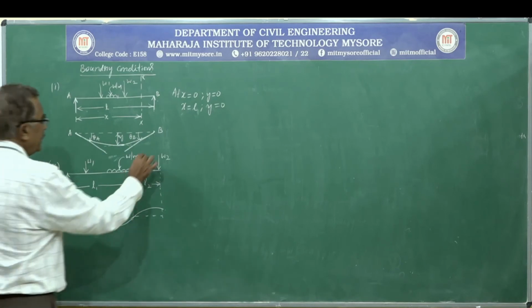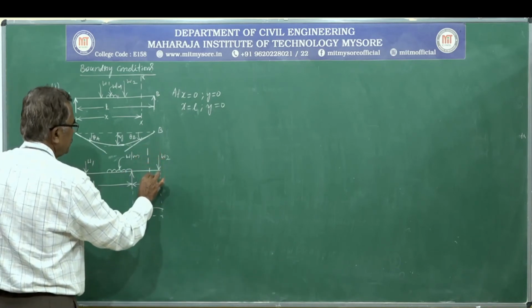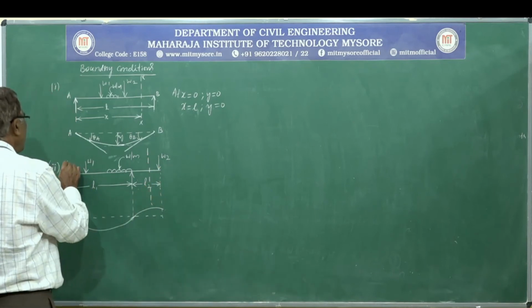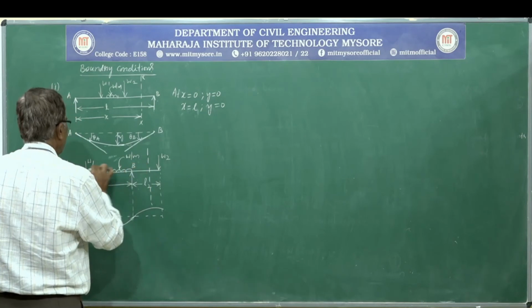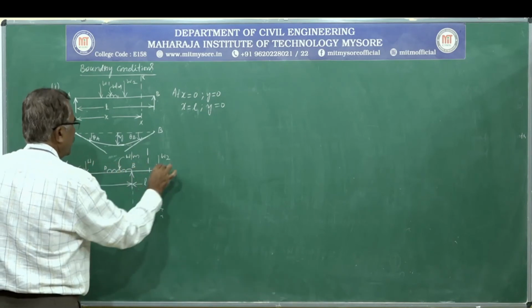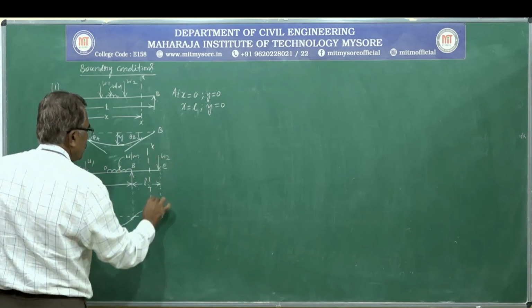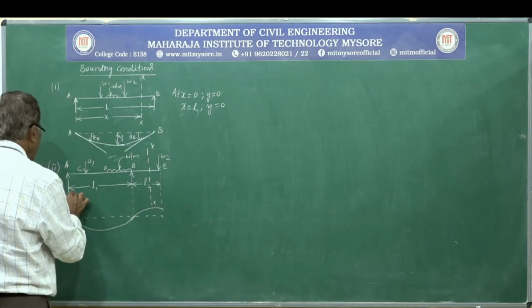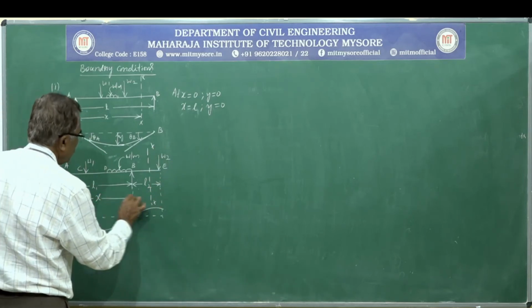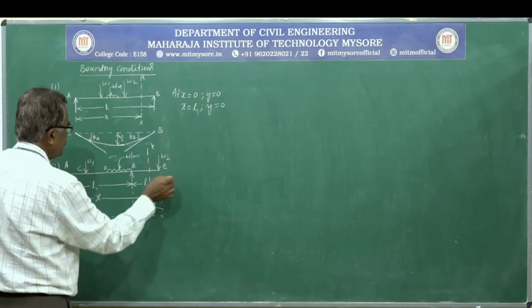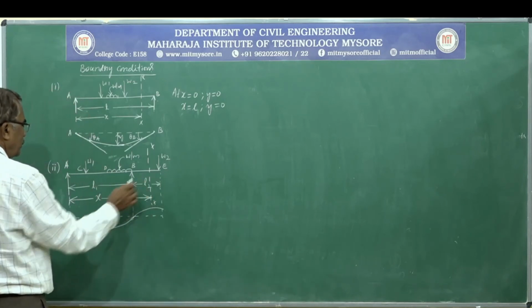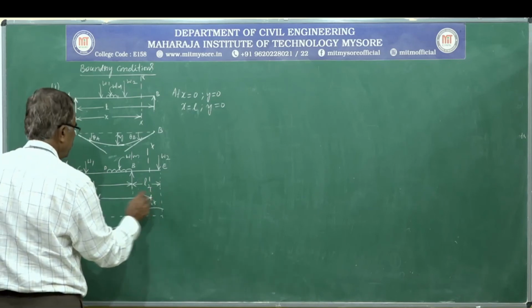Here we select again a section in the last segment, and this is point A and this is say B, C, D and E. Again we select section in the last segment so that x varies from 0 to L. So the total distance is equal to L. L1, L2, the total distance is L.